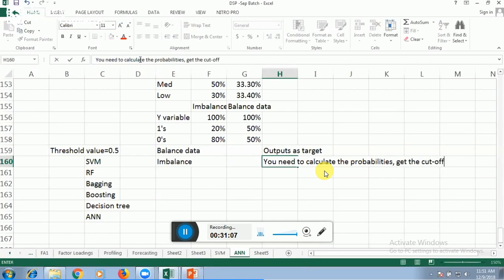This is method 1. But some techniques won't consider this. For example, in ANN, the output you will always take with 0.5. Otherwise, you can also use the threshold value as a tuning parameter.